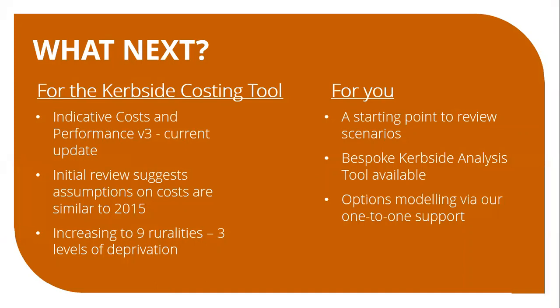As I mentioned earlier, the review suggests that assumptions on costs are similar to 2015, but we are going to look to increase the number of ruralities to 9. So right now we've got 3 different rural categories and 2 levels of deprivation. We're going to move it up to 3 levels of deprivation.